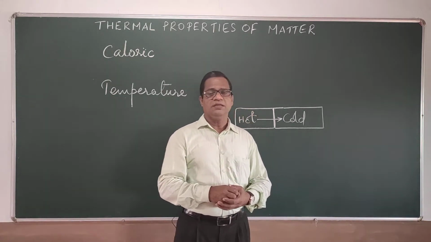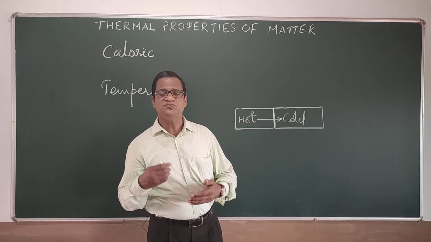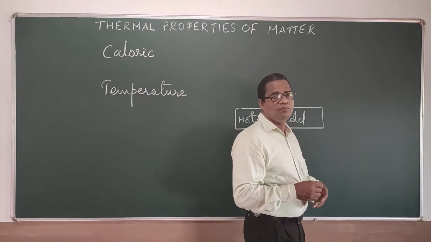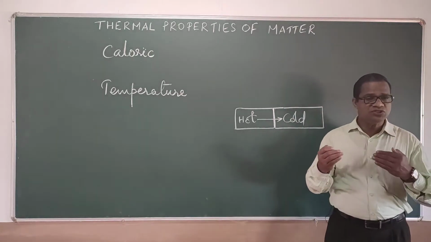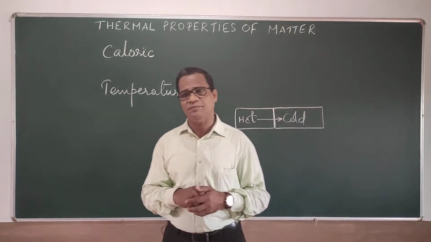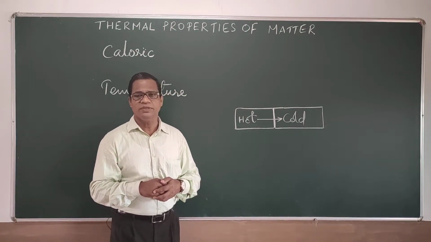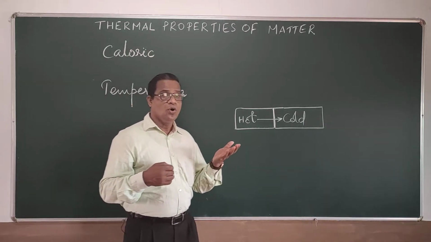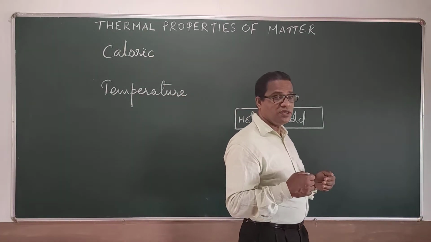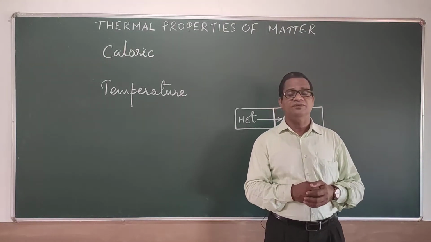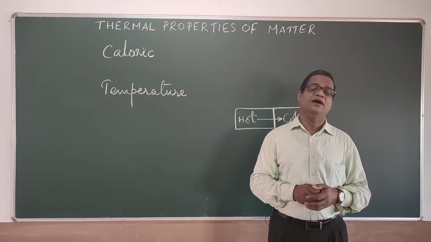So heat can be taken as the energy which flows from one body to another body because of the temperature difference between the bodies. It's a general statement. Okay? Energy form which flows from hot body to cold body because of the temperature difference of the bodies when they are in contact.